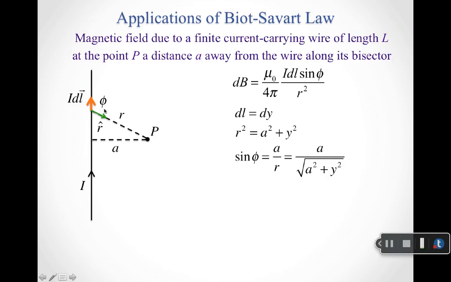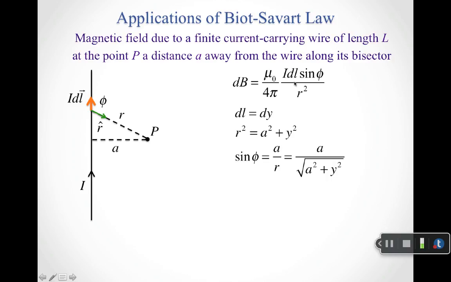And then sine phi, well, this angle here is actually phi. But the sine of this angle happens to be the same as the sine of 180 minus phi, the sine of this other angle. And the sine of this angle is going to be the opposite side, a, over the hypotenuse r. So a over r, in terms of what we've already figured out, is just a over the square root of a squared plus y squared.